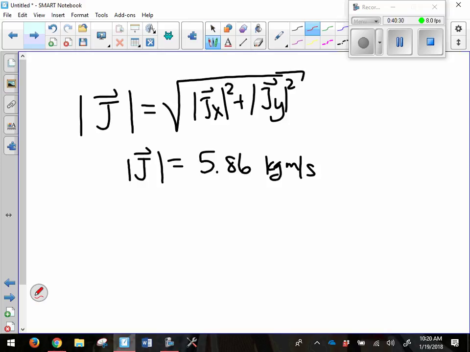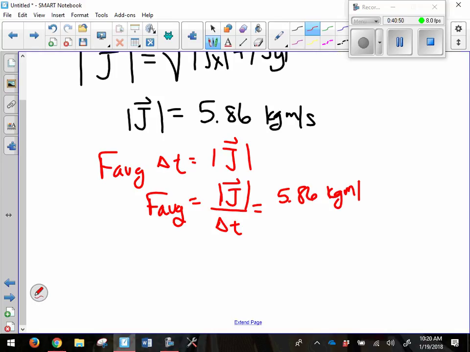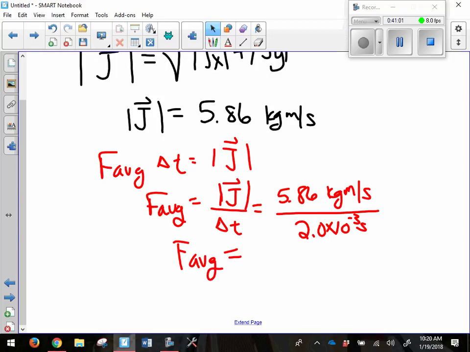And remember that F average delta T is going to be the magnitude of J. So F average is going to be J divided by delta T, or 5.86 kilogram meters per second divided by 2 times 10 to the negative 3 seconds. And what do we get for F average?